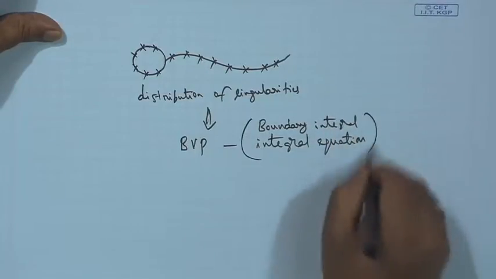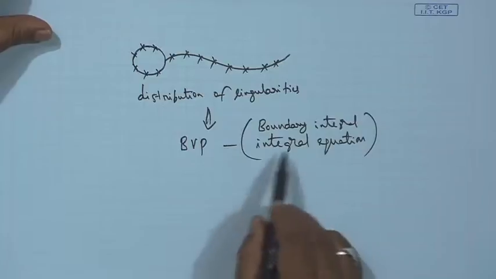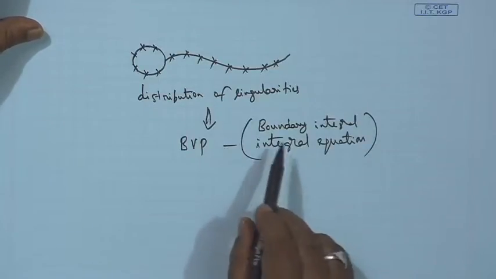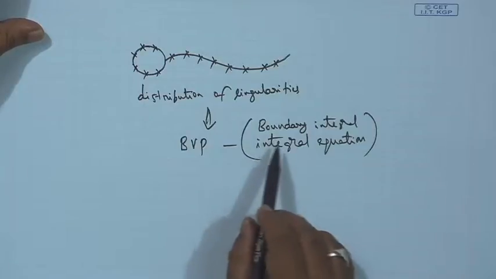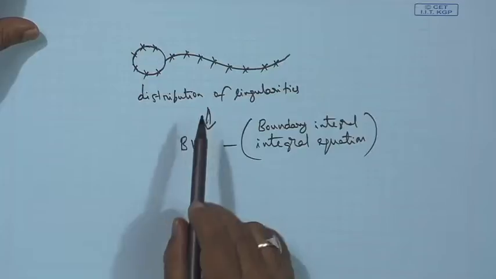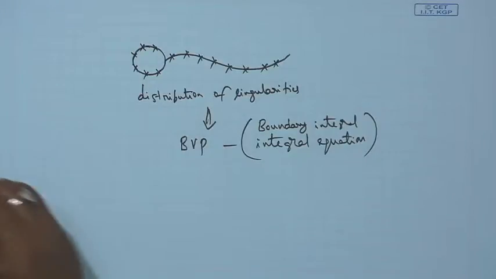Of course, this itself is a vast subject, so I am not going into the details, but a simple technique of singularities we can discuss. Before that, let us see the arbitrary singularity of Stokes equations.